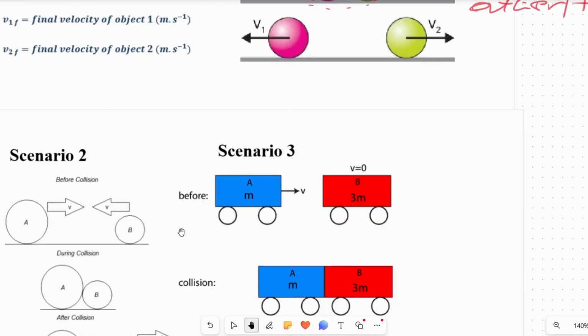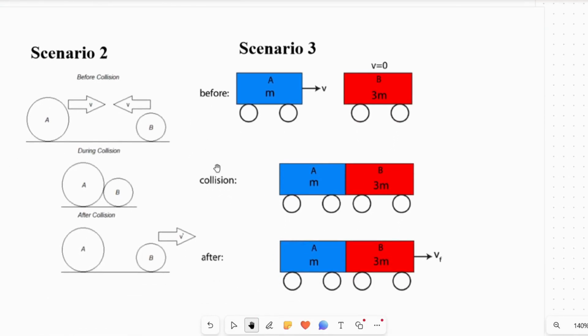Then scenario number 2 that we might have whenever there's a collision: the two objects are coming together from opposite directions again, but maybe one has a higher momentum than the other. They collide, and then the first object remains at rest while the other one moves.